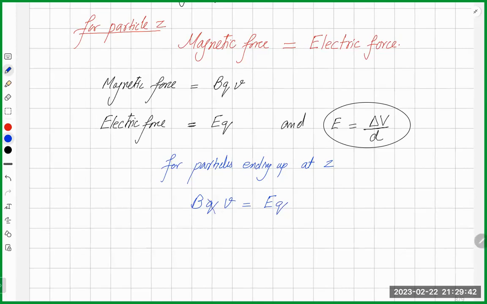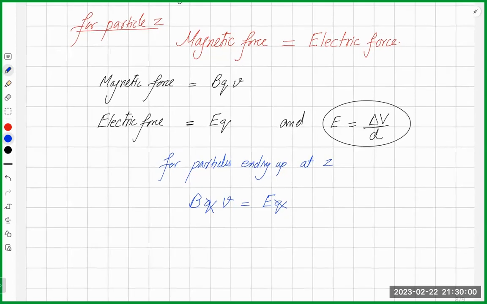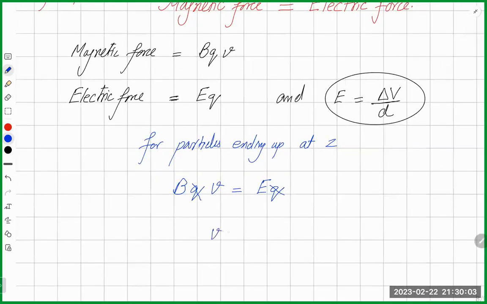The charge is totally irrelevant. Whether charge is more or less, positive or negative, doesn't matter. The only thing that is making all these differences is the speed of the charged particle, which is E over B. So this is the solution for the speed of the charged particles.